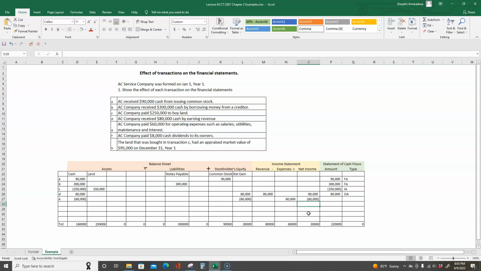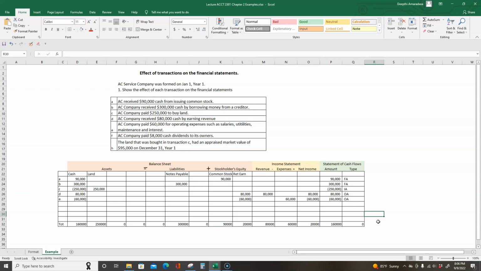Next, let's look at the statement of cash flows. We know that cash decreased, cash went out of the company, so we had a cash outflow of $60,000. What type of activity? Things like salaries, utilities, and so on are operating activities. These are day-to-day activities.